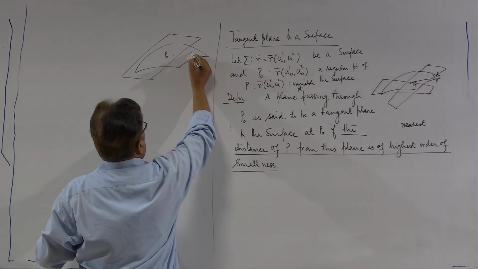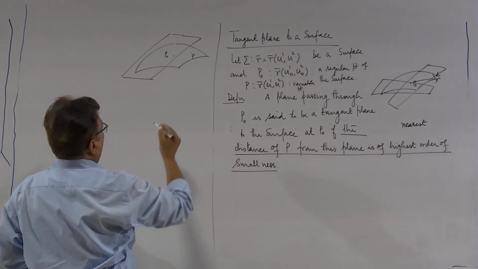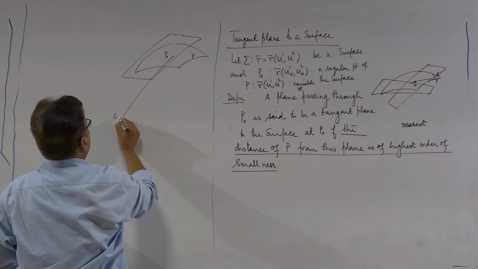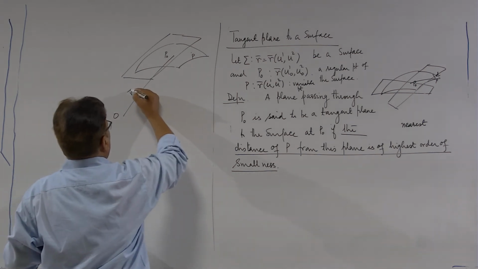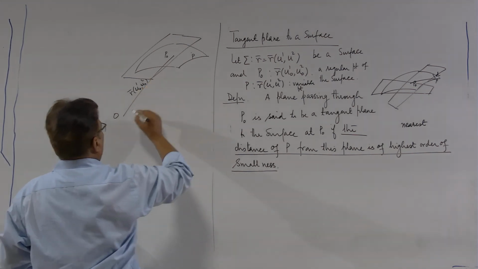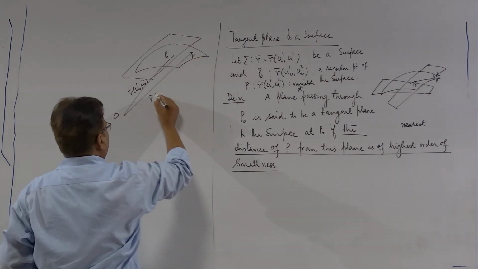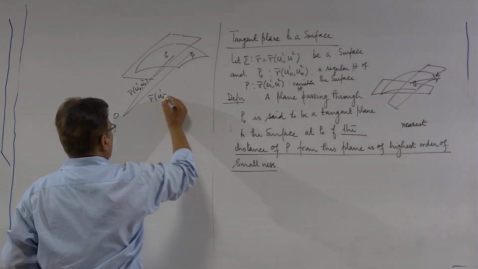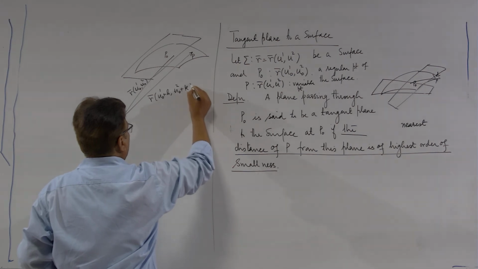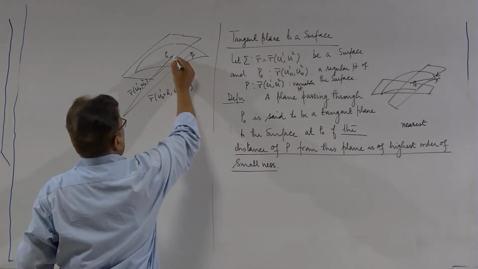I have chosen another point P on the surface, and the position vector, suppose origin over here, this position vector is r of u10, u20, and the position vector of the point P is r of u10 plus something h, u20 plus something k. These are the position vectors.